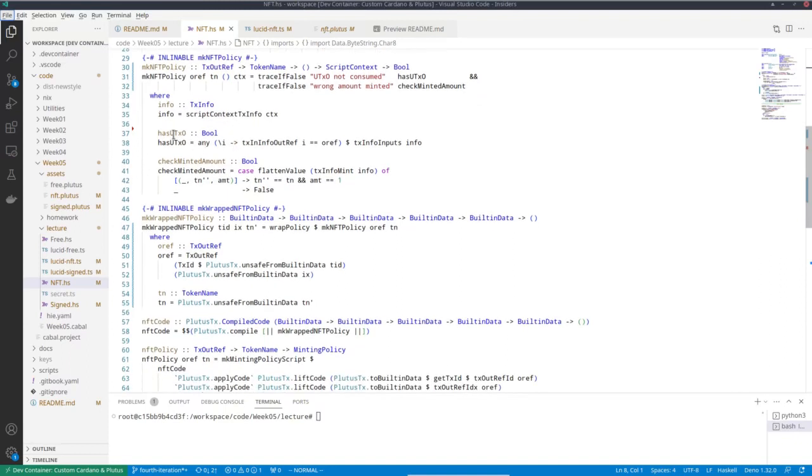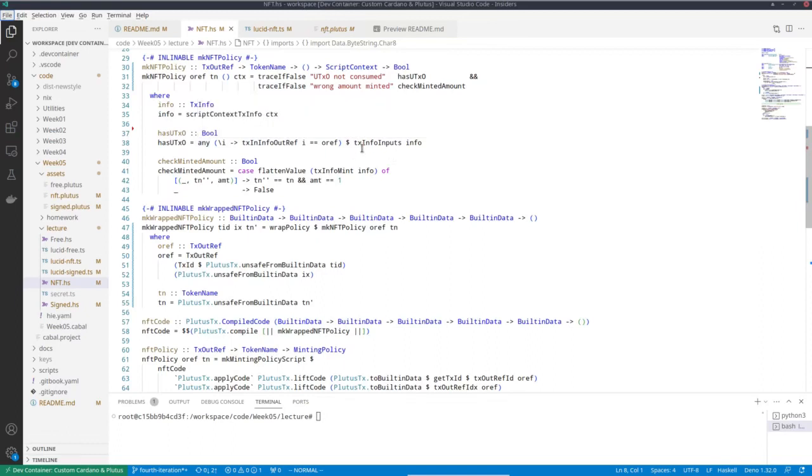Now for hasUTXO, we use any. So any is a very useful function from the Haskell prelude, given any container. So you can think lists of A's, and a predicate on A's checks whether there is at least one element in this container, element in this list, where this predicate is true.